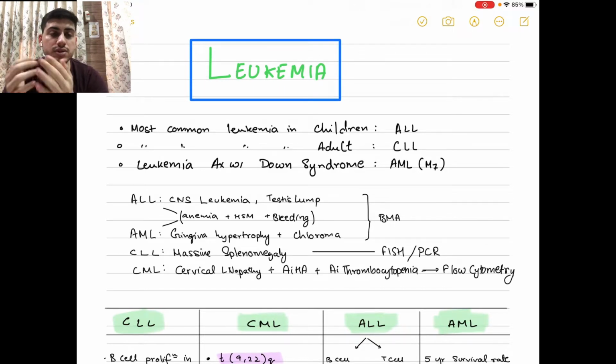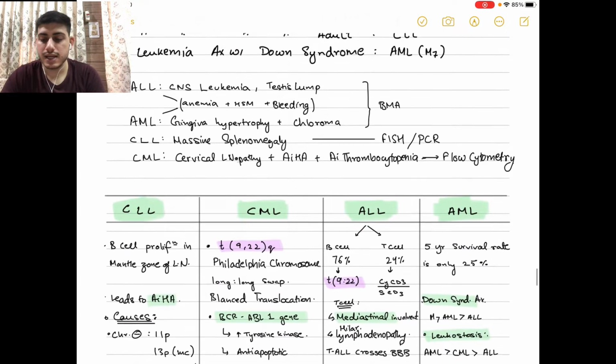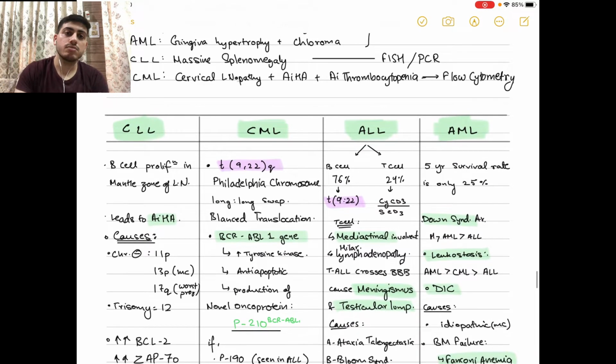The myeloblast normally gives rise to WBCs, and lymphoblasts give rise to T cells and B cells. So based on those factors, there are four types of cancers: CLL, CML, ALL, AML. The full forms are chronic lymphocytic leukemia, chronic myeloid leukemia, acute lymphocytic leukemia, and acute myeloid leukemia.